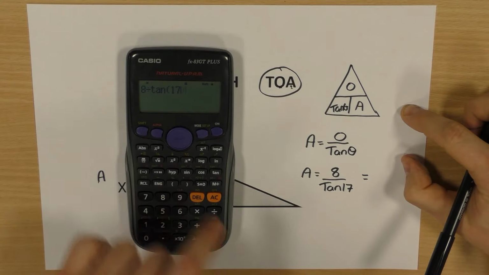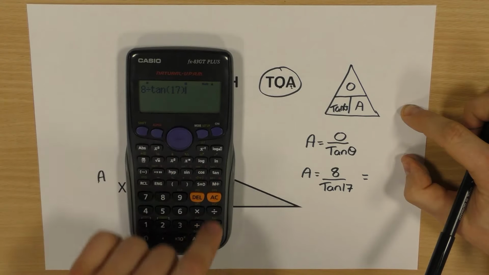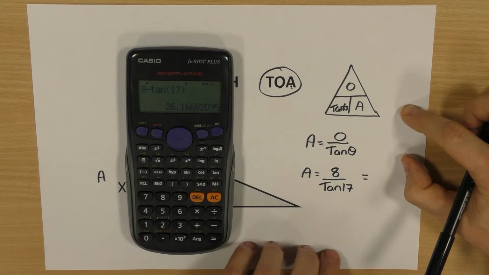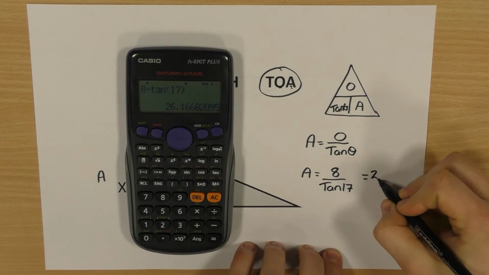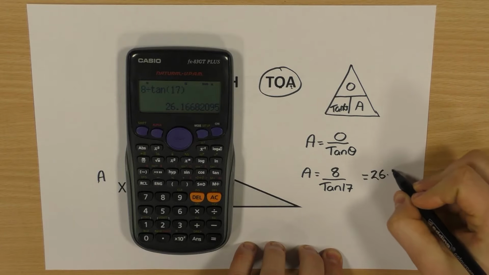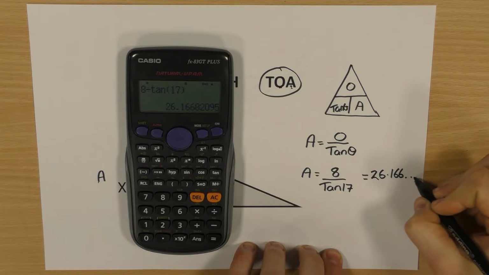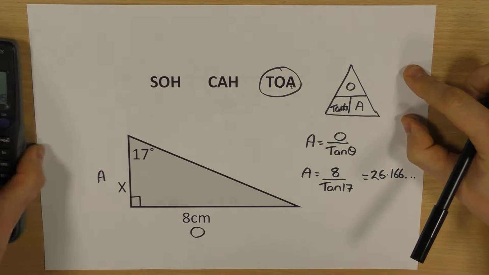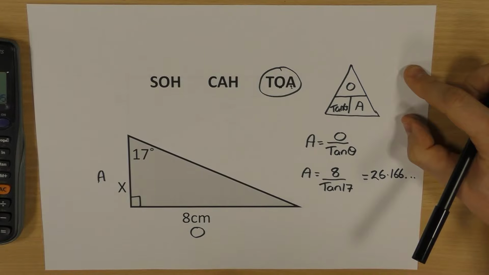Again, don't forget to close the bracket if your calculator does that, otherwise you're going to get an error. And we have 26.166, and so on and so forth. Okay, so remember, you might just need to round that depending on whatever the question says.